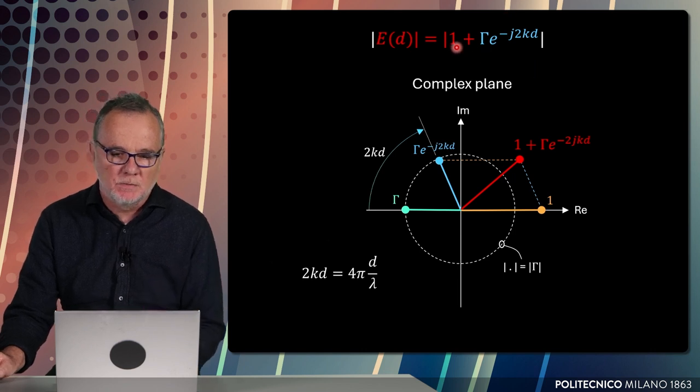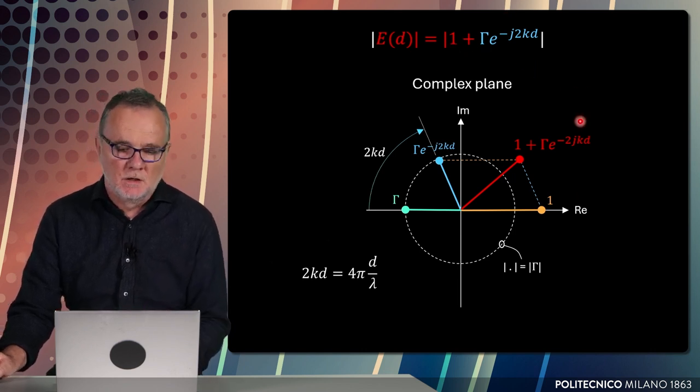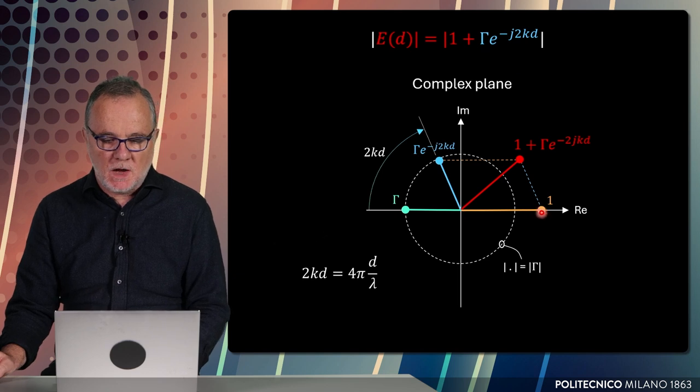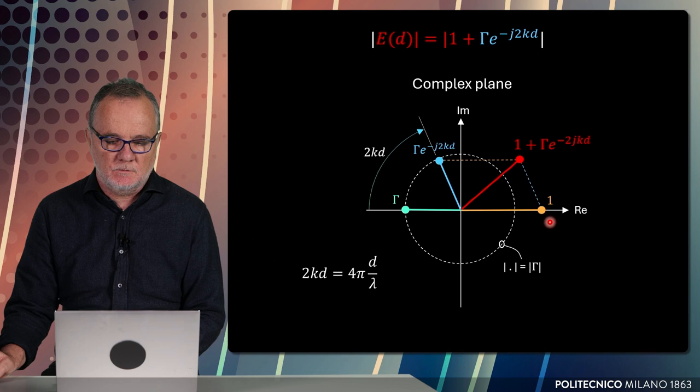In particular, we plot the complex number 1 as a distance 1 from the origin that is oriented along the real axis, this orange dot.